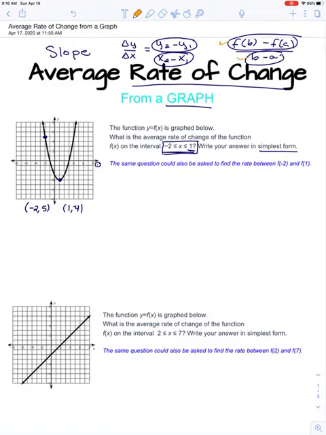So what I'm going to say is, this is a, and if that's a, this is my f of a. So if I go to the other point, that we're going to change to b's. So this is b, and this is f of b. So a equals -2, b equals 1. f of a is equal to 5, f of b is equal to -4.